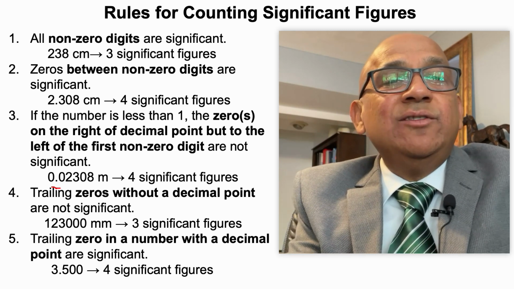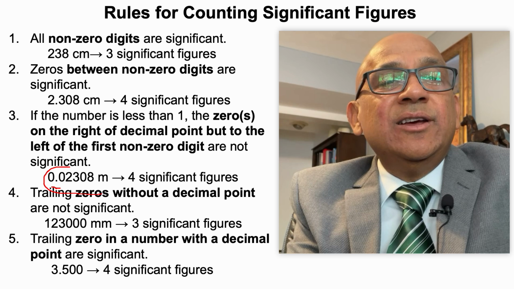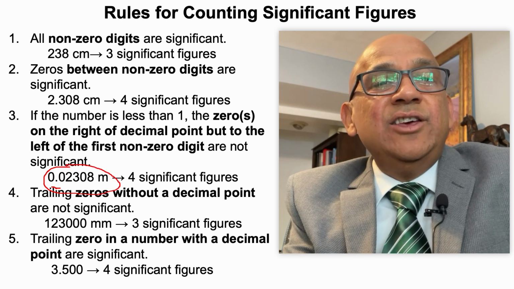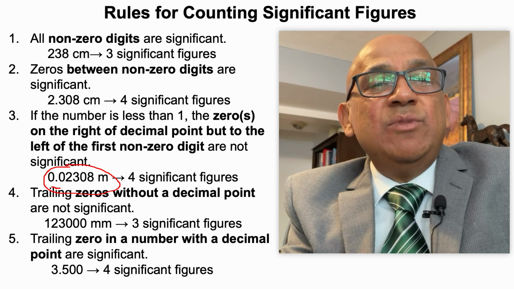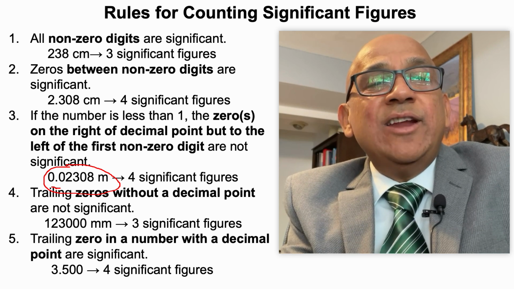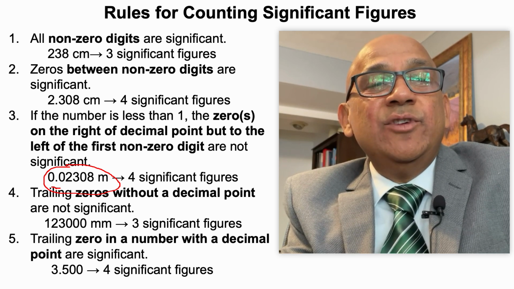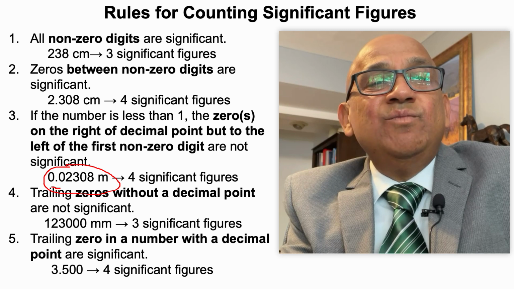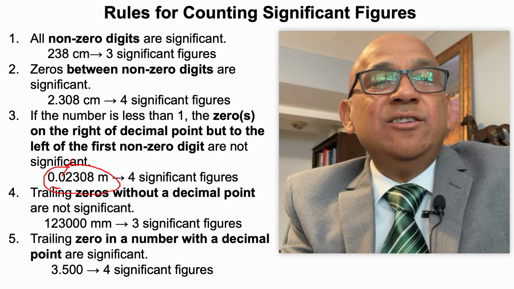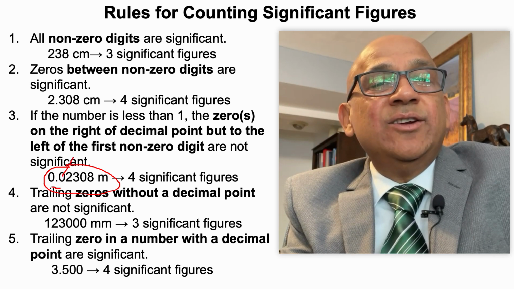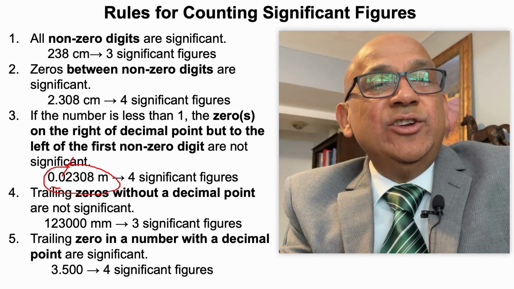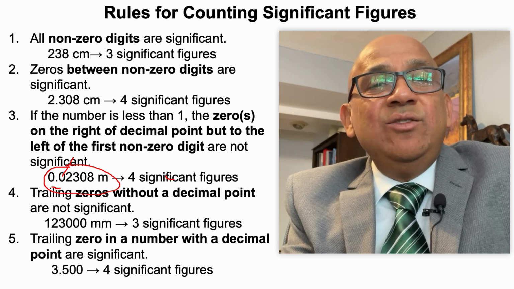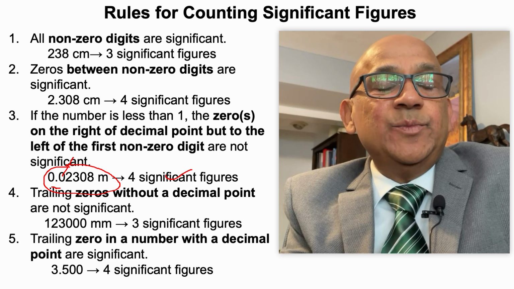Here you are seeing a 0 which is to the right of the decimal point but to the left of any non-zero number, which is 2. So this 0 in this particular case is not significant. Overall, this number 0.02308 has only 4 significant digits.